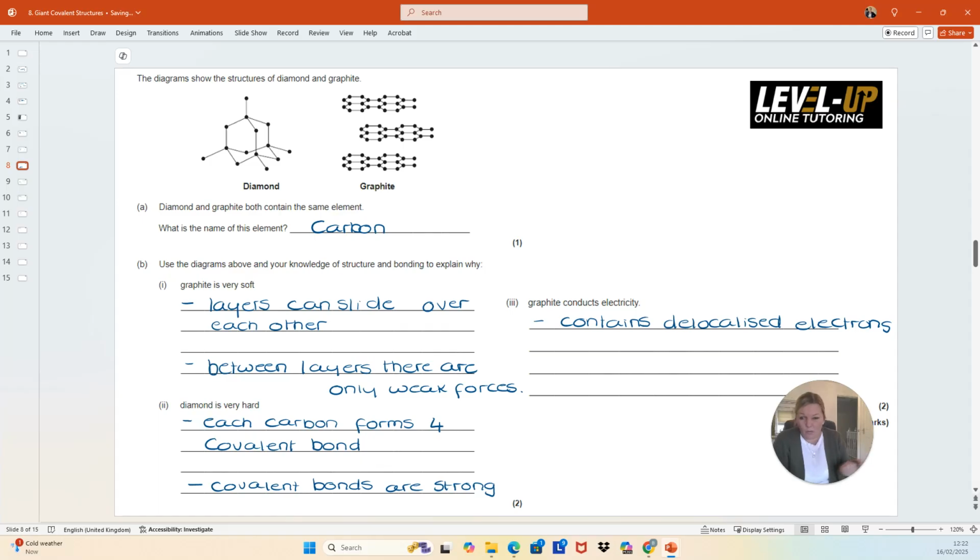It's got delocalized electrons, and marking point number 2 is that they can move through the structure, carrying that charge. So that's a typical question, lots of questions comparing diamond to graphite.